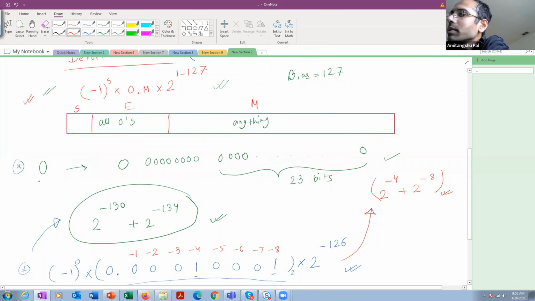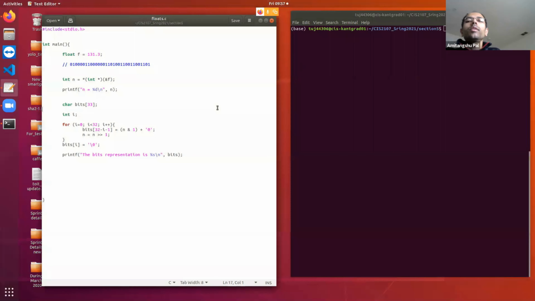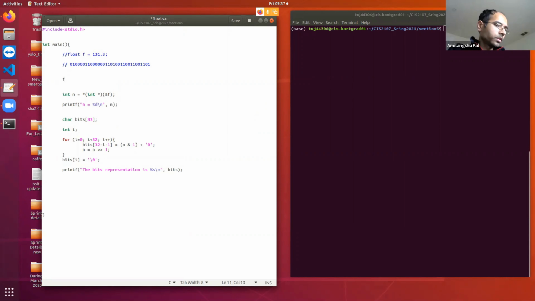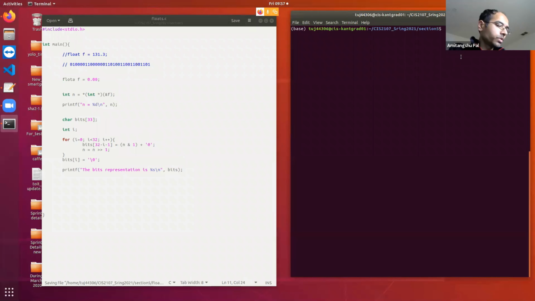All right, so let's go to the program and check whether the bit patterns we have observed for the number 0 and the number 2 to the minus 130 plus 2 to the minus 134 are indeed what we get. First, let's make the float f equal to 0 and run the program.